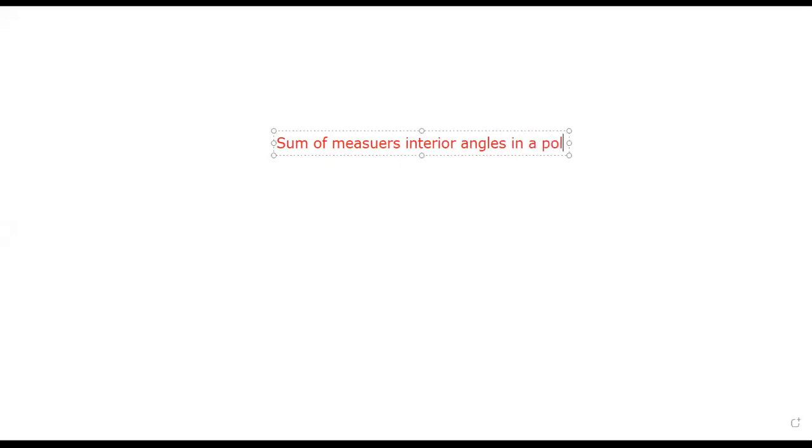I didn't say regular, right? In a polygon. And we took a rule. Which rule? The sum equals n minus 2 multiply 180. Very good. And we said, what's n denote for?